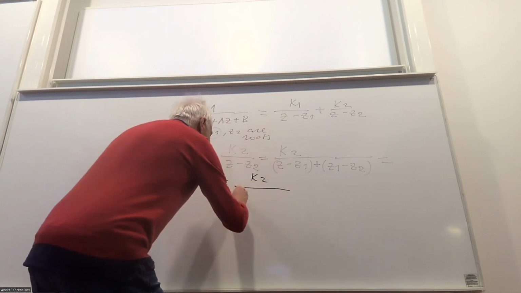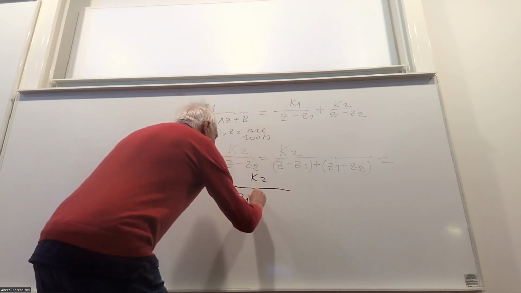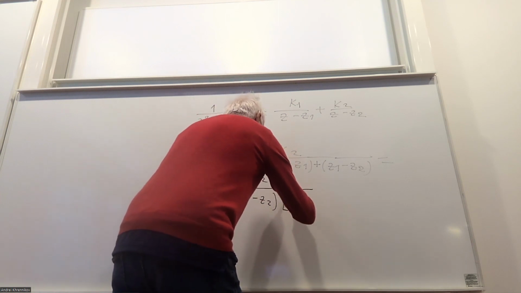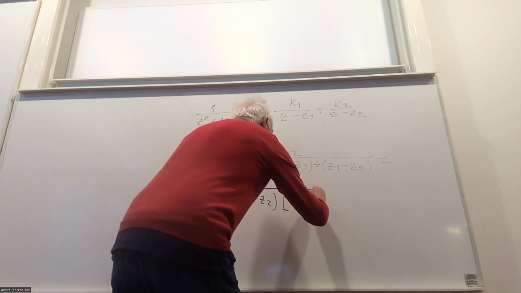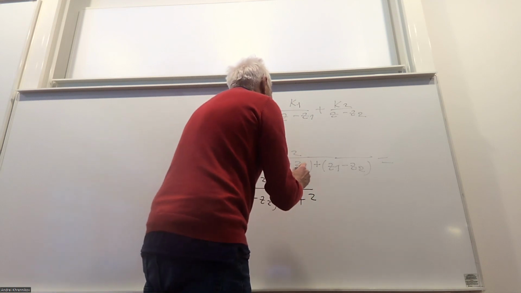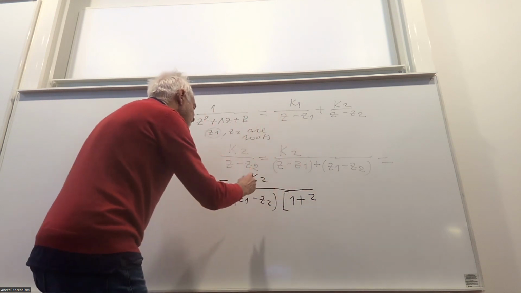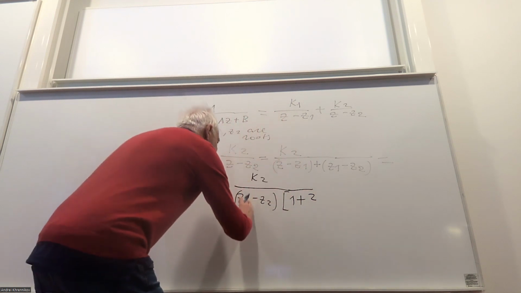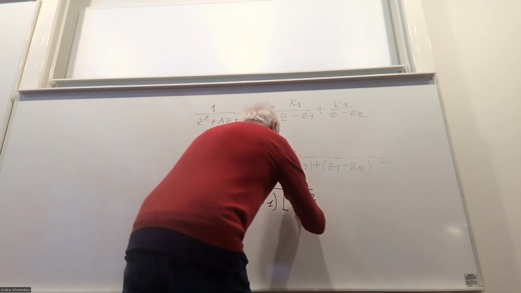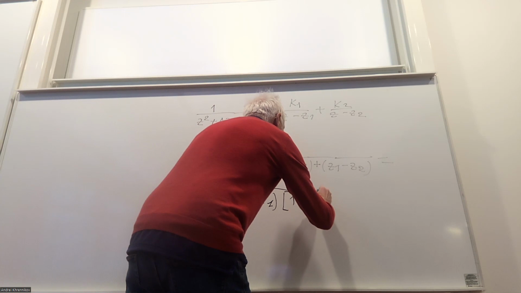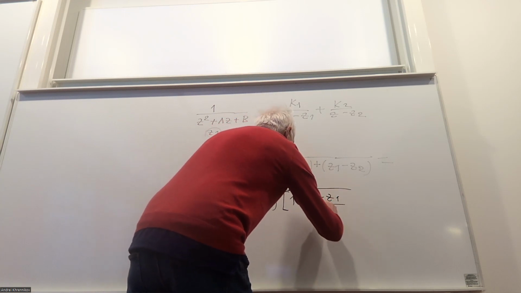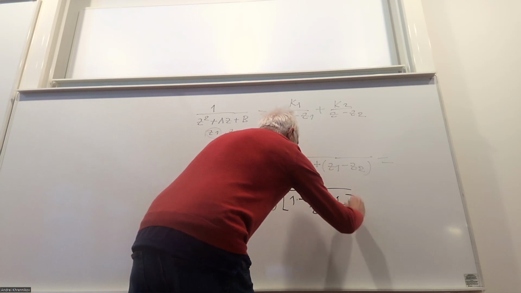K2, we write z1 minus z2, and here would be 1 plus z, or better to make it minus, yeah? So let us write z2 minus z1. I think it is correct with signs. Here would be minus z minus z1 divided by z2 minus z1.